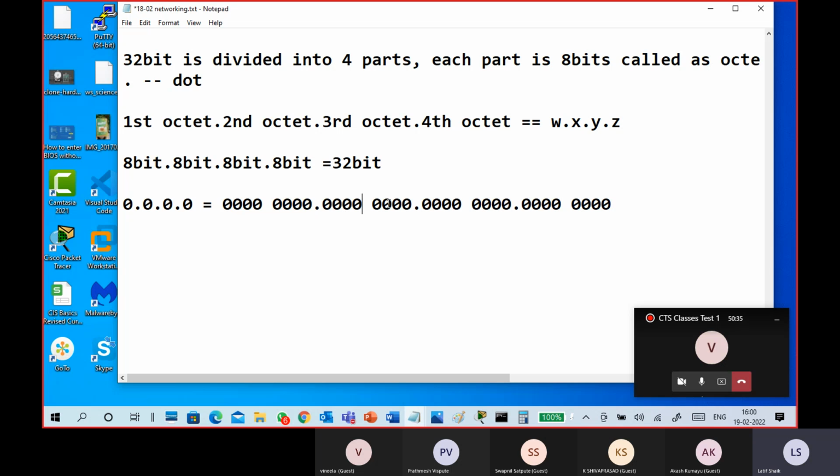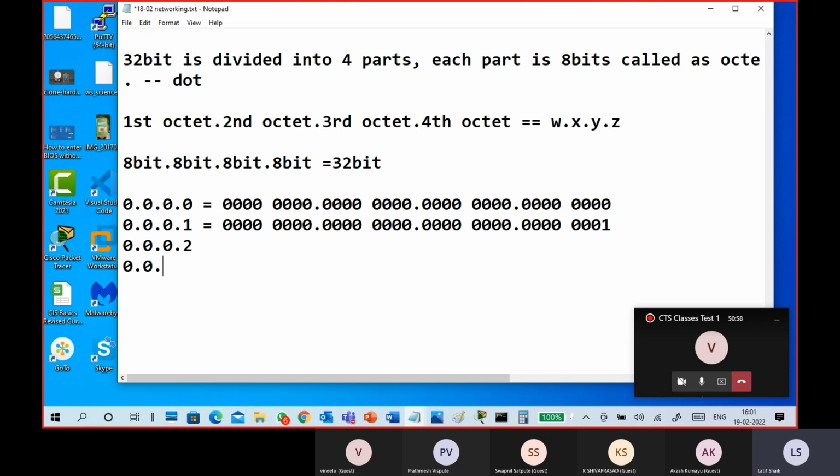First octet, second octet, third octet, fourth octet. The next one will come like this. It is a very simple copy paste. This is the binary equivalent. I'm not writing the second part, so try to understand. It goes on like this only.